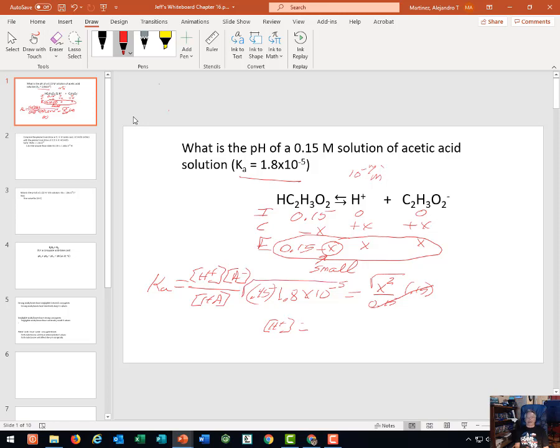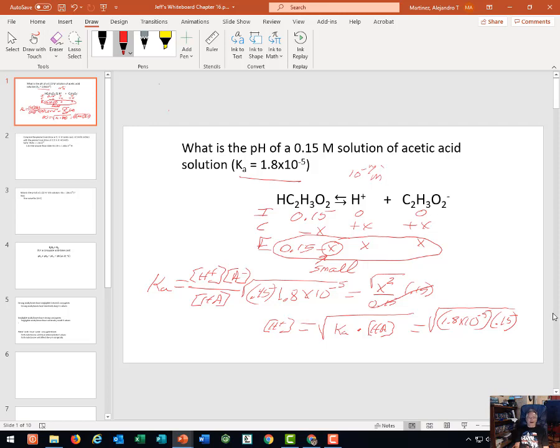So I'm just going to lay it out for you here. To find the hydrogen ion concentration for a weak acid, in all the problems that I'm going to give you, you can simply take the square root of the Ka times the concentration of HA, and that's going to give you the hydrogen ion concentration. So in this case, that's going to be the square root of 1.8 times 10 to the minus 5 times 0.15 molar.